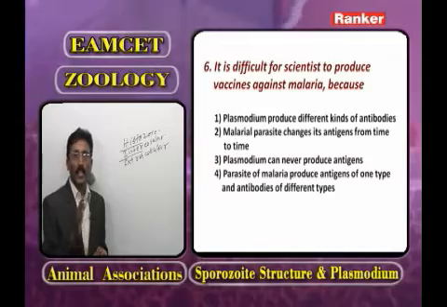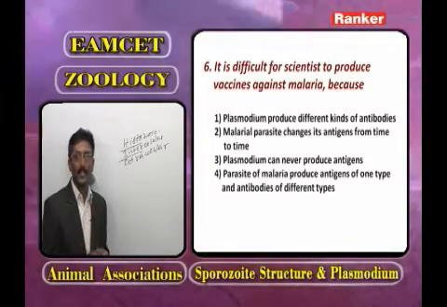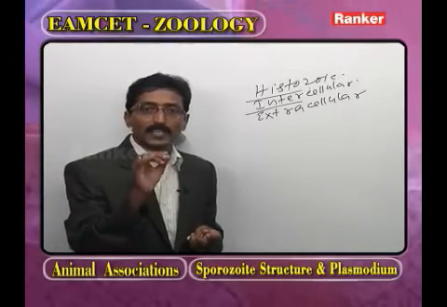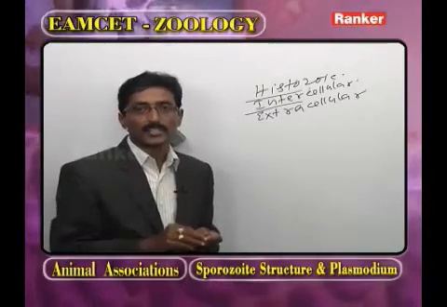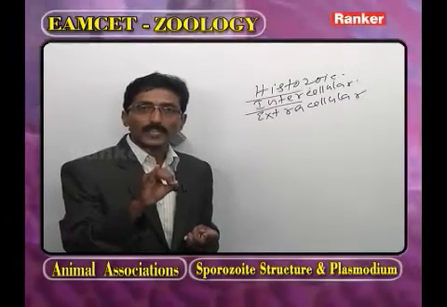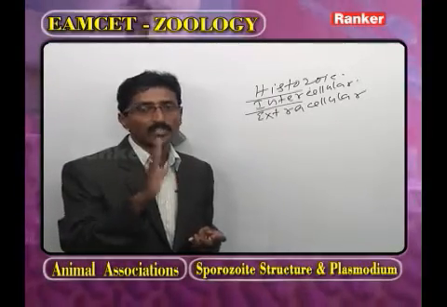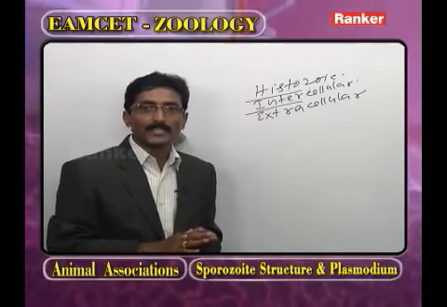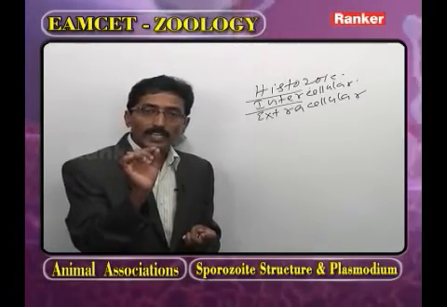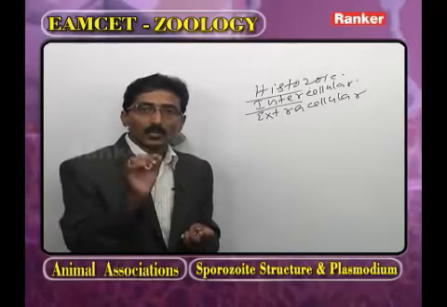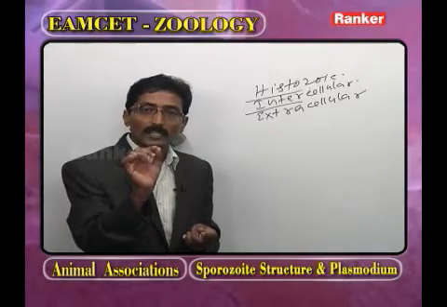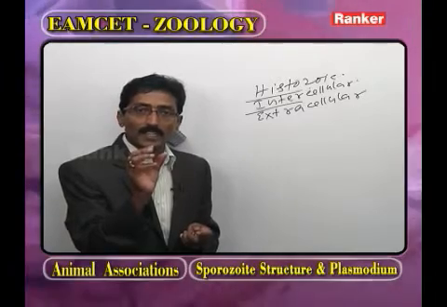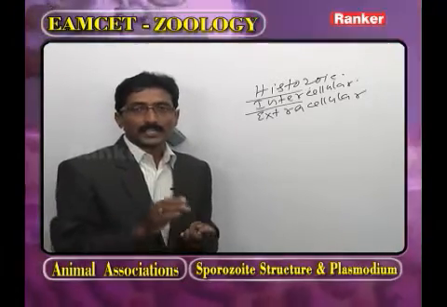Why? As we observe the life cycle of Plasmodium, it completes its life cycle in man in three stages: pre-erythrocytic, exoerythrocytic and the erythrocytic cycle. In this cycle, at one stage we observe Schuffner's dots. What are Schuffner's dots? The antigens.